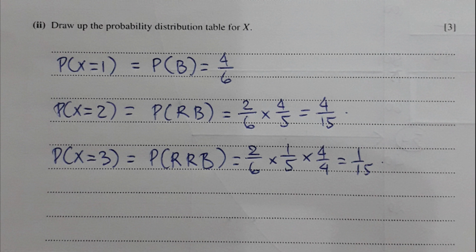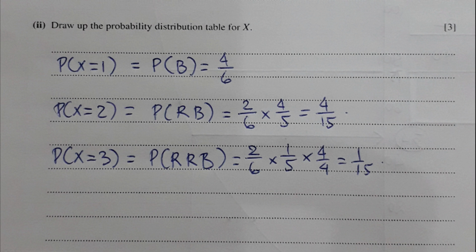II. Draw up the probability distribution table for X. So first we calculate the probability of each case. The first case, P(X = 1), is the probability that the first disc taken is blue, which is equal to 4 over 6.